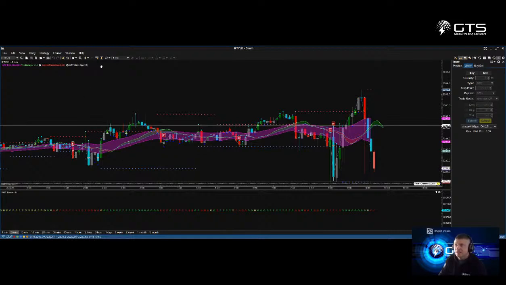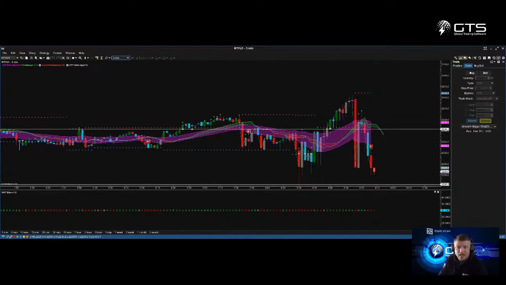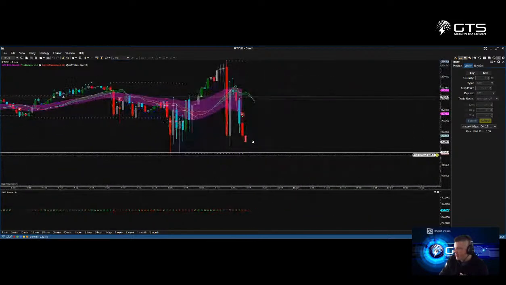I swear the last time when that flush happened at the open, look, there it is right there. Came in at 34.7. Interesting.